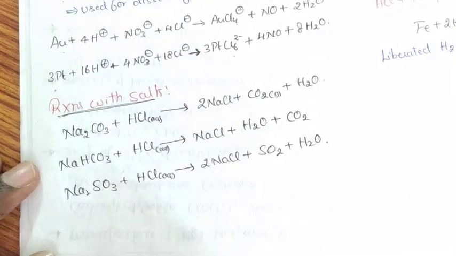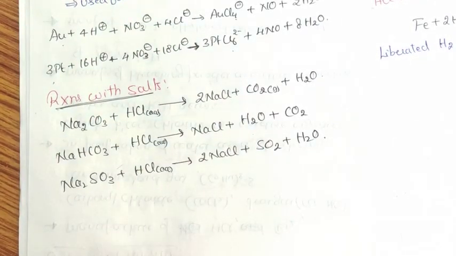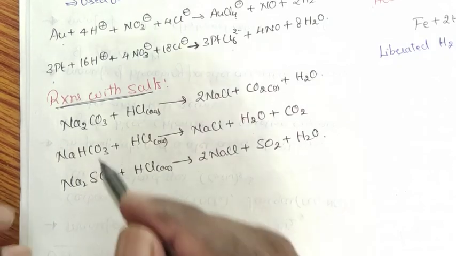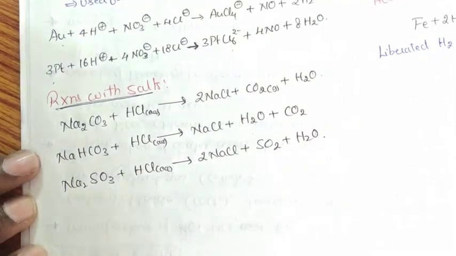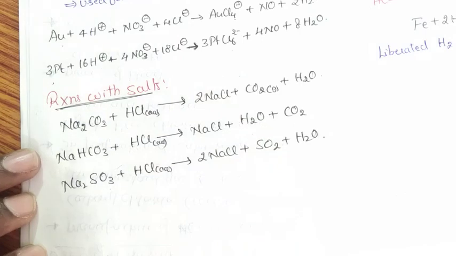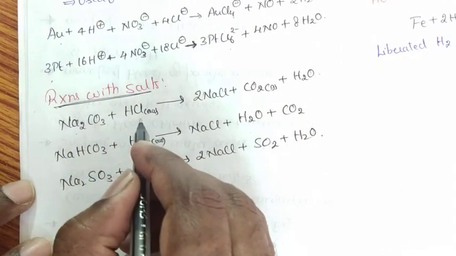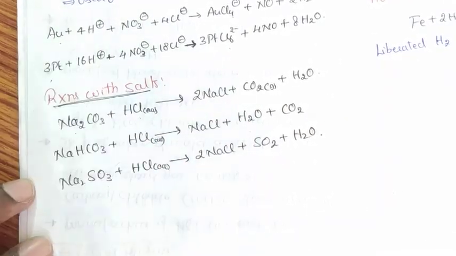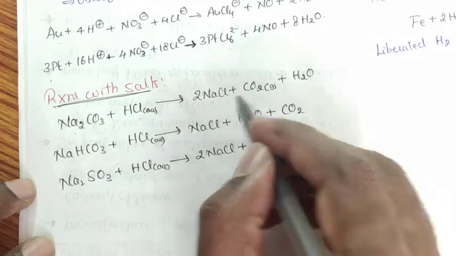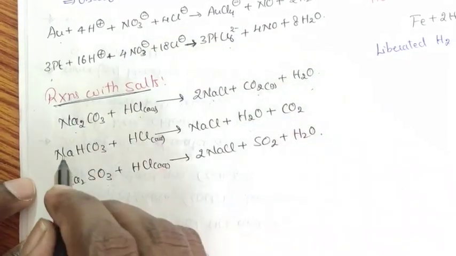Whenever dilute hydrochloric acid is treated with compounds like carbonates and sulfides, they easily decompose to form the respective chlorides with the liberation of carbon dioxide or sulfur dioxide gas. For example, when sodium carbonate is treated with dilute hydrochloric acid, it forms sodium chloride with the liberation of carbon dioxide and water.